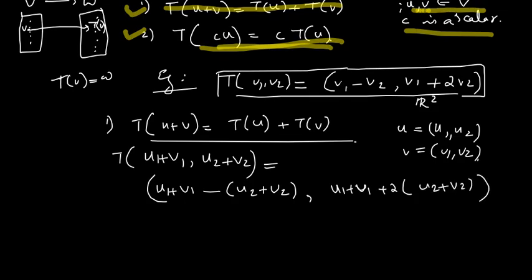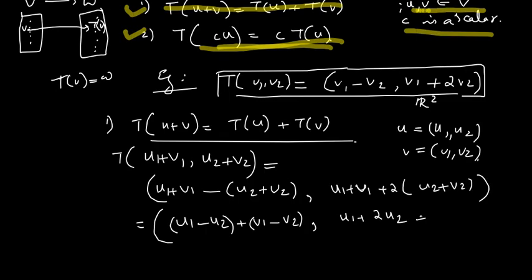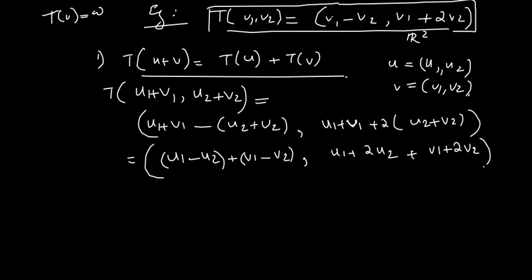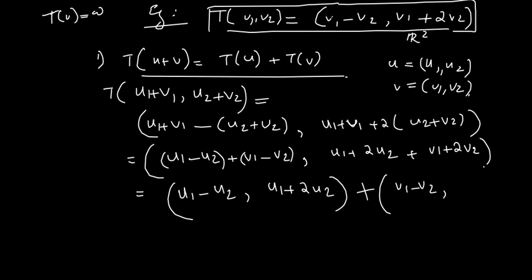Simplifying this, we can write it as u1 minus u2 plus v1 minus v2 comma, the second component, u1 plus 2u2 plus v1 plus 2v2. This is a vector, so we can separate it: u1 minus u2 comma u1 plus 2u2, a vector with two components, plus the second vector v1 minus v2 comma v1 plus 2v2.